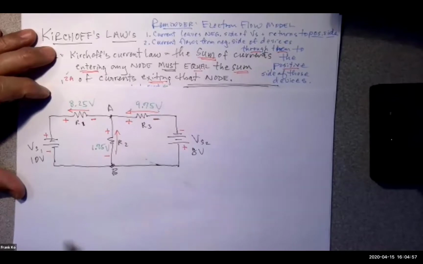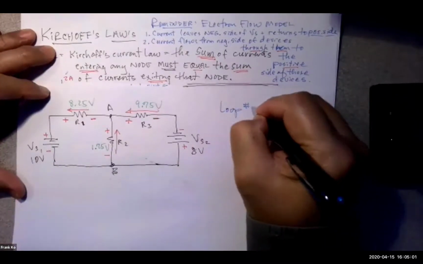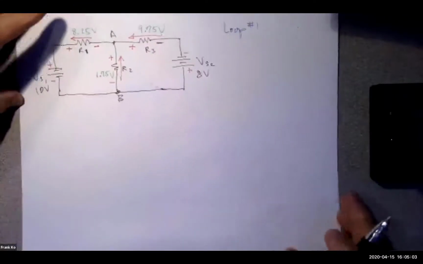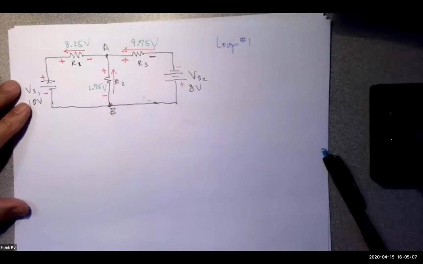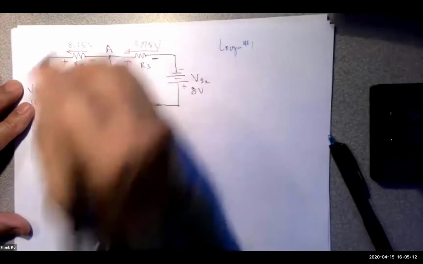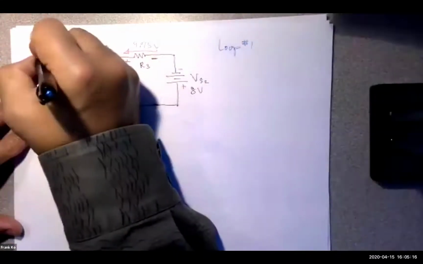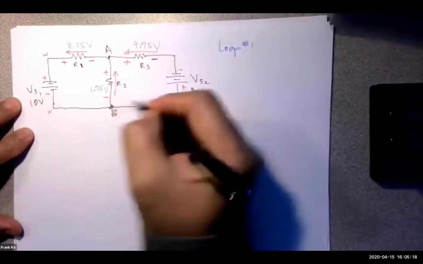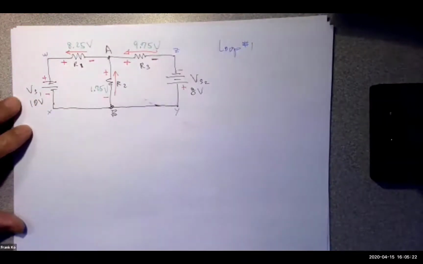Watch this. Okay. Loop number 1. And I'm going to add a few more points just so that we can be very specific. We already stated our points A and B, so this will be W, this will be X, this will be Y, and this will be Z. I'm just going to throw some other values on here.